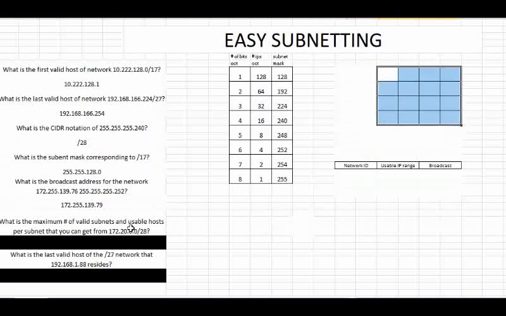What is the maximum number of valid subnets and usable hosts per subnet that you can get from 172.20.0.0/28? Oh my God, what did we just do here? We just went way out of left field and started talking about valid subnets and usable hosts. There's an IP there. How do we do this problem? Well, number one, whenever you're talking about this, we don't care too much about the IP.